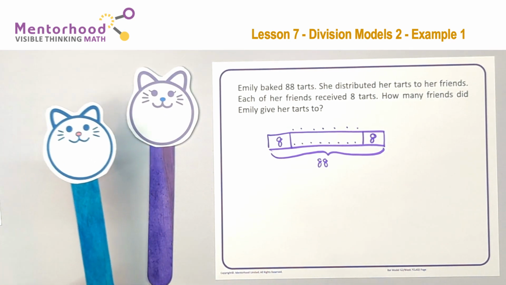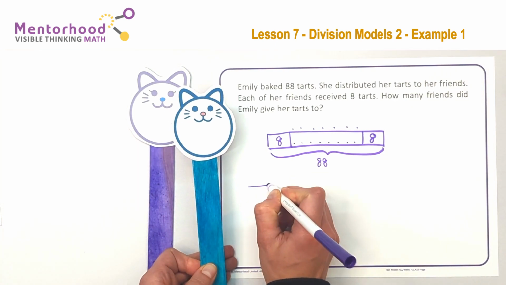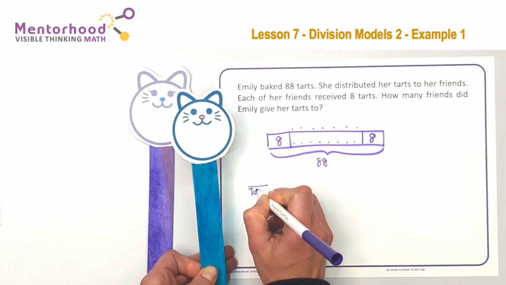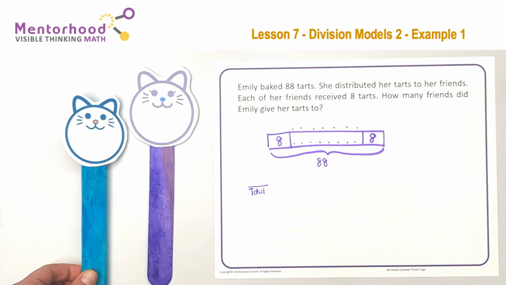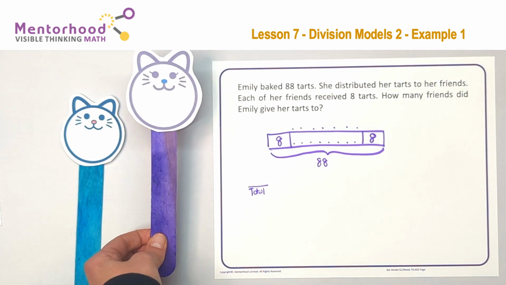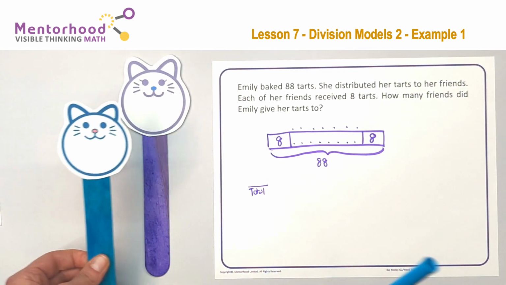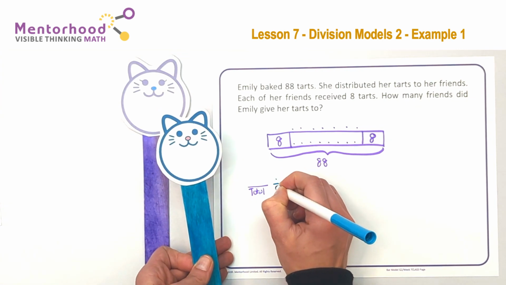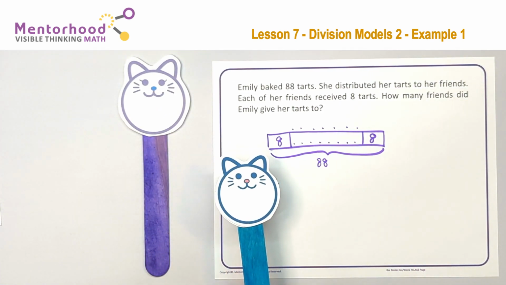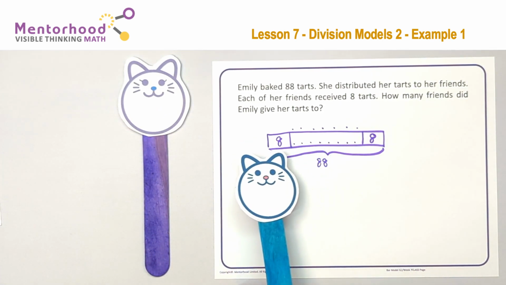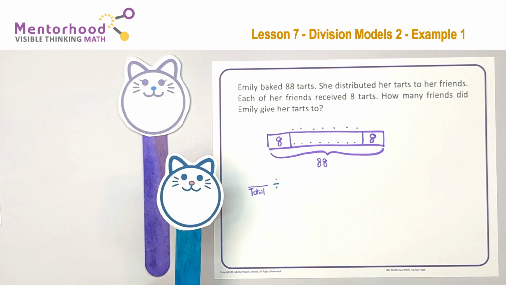Well, with division, I know that you take your big total, and you divide it by the number that you have, either the number of boxes or the number in each box.